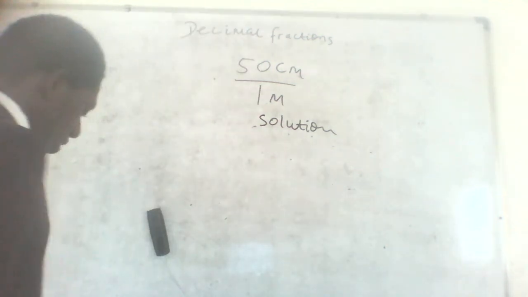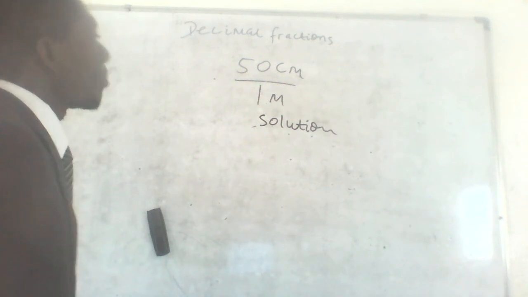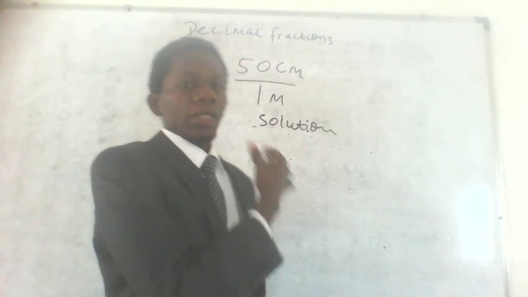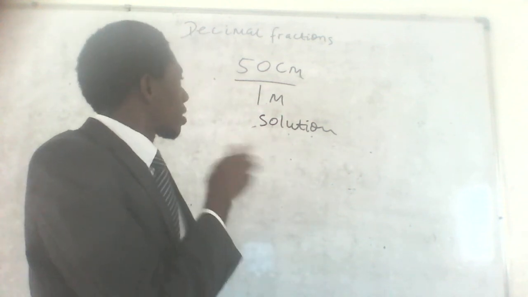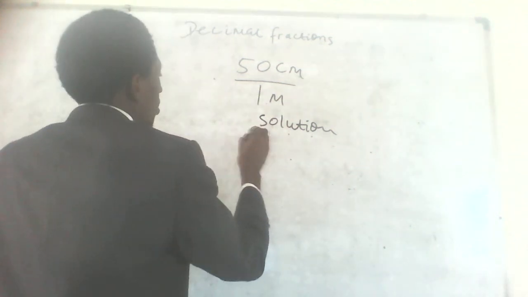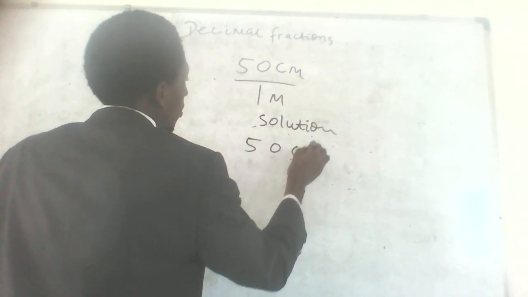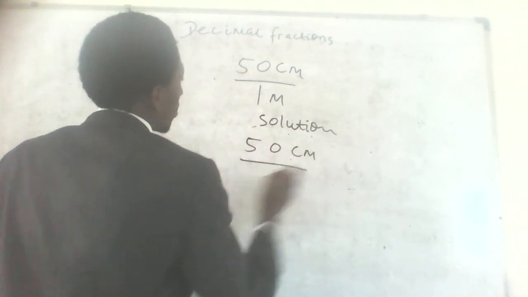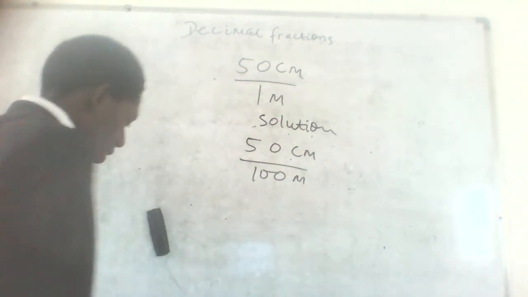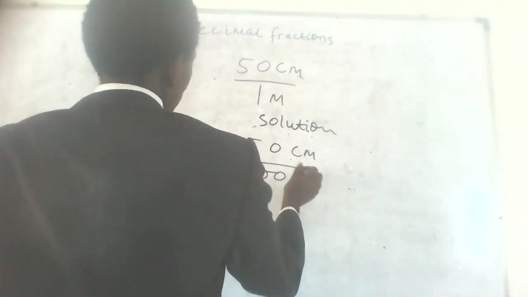Now the first thing you ask yourself is how many centimeters can make 1 meter? And you find out that 100 centimeters is 1 meter, so that means 50 centimeters divided by 100 centimeters.